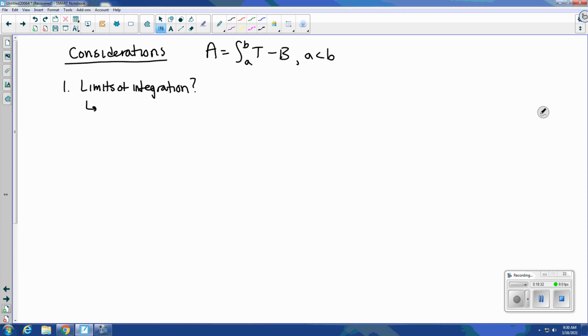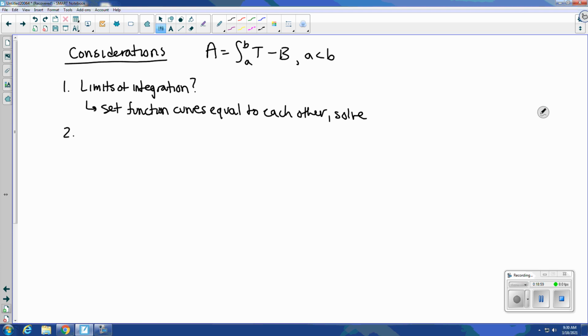Algebraically, we know the intersections of function curves can be found by identifying when these function curves equal each other. So we're going to set the function curves equal to each other and solve. And there are your limits of integration.